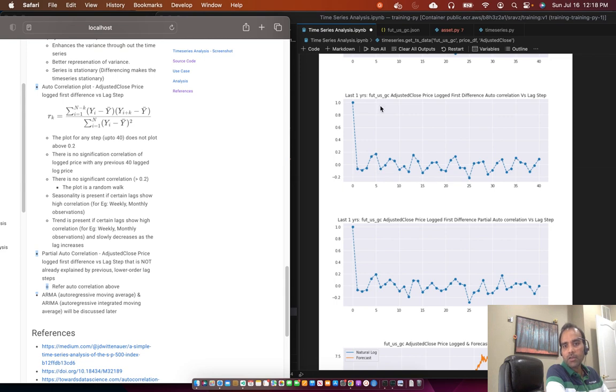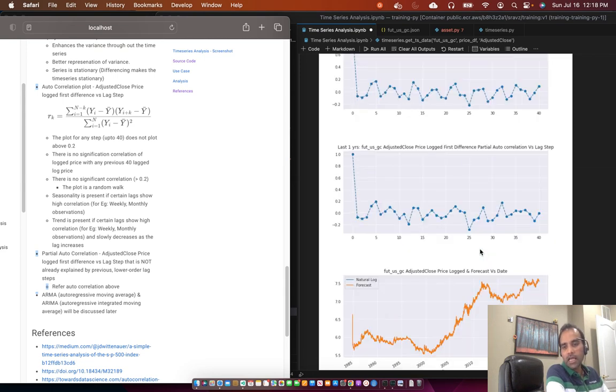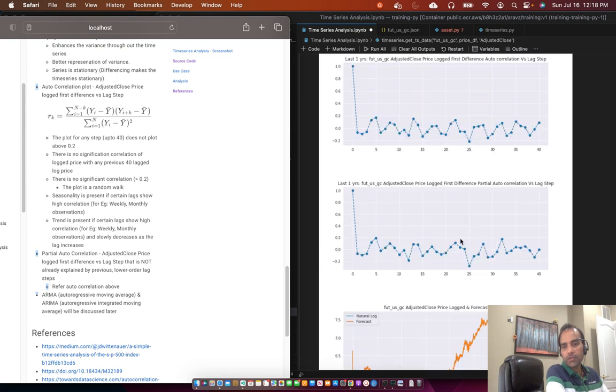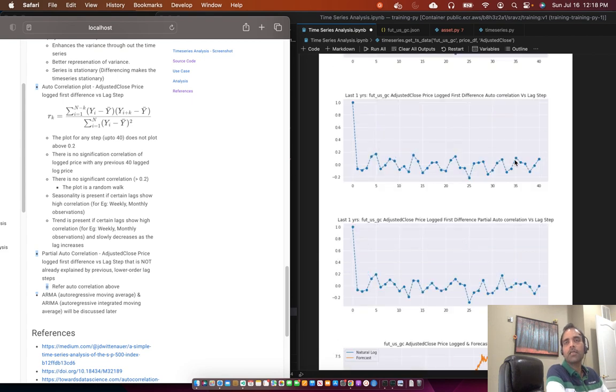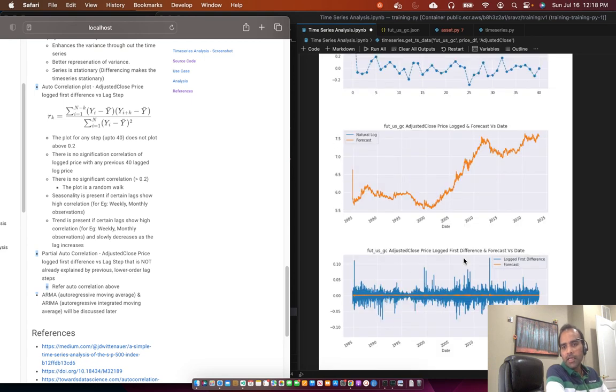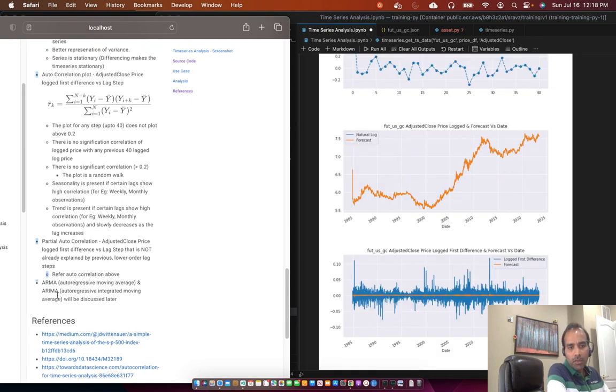Based on a yearly plot, we see some correlation, but we still have to do further analysis to see if we can make any investment decisions based on this 1-year plot. Then there are some other models called ARMA, autoregressive moving average, and ARIMA, autoregressive integrated moving average techniques. We will discuss that in our next session.